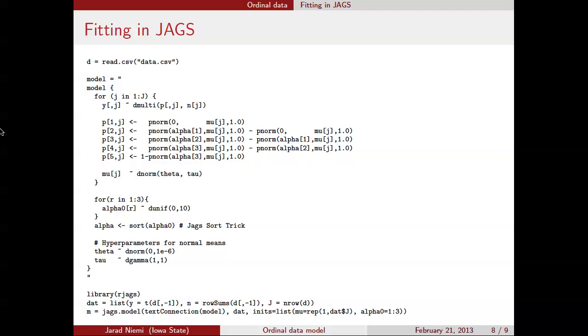And so here's a JAGS trick, which I do not think works in BUGS, but I may be wrong: there's a sort function. So the alphas that are the actual cut points you want are these other alpha zeros sorted. And that does this constraint that we had of the indicator functions such that the alphas are actually in order.